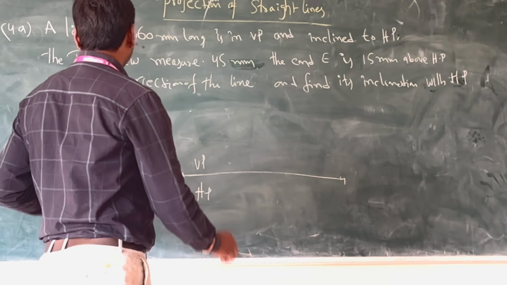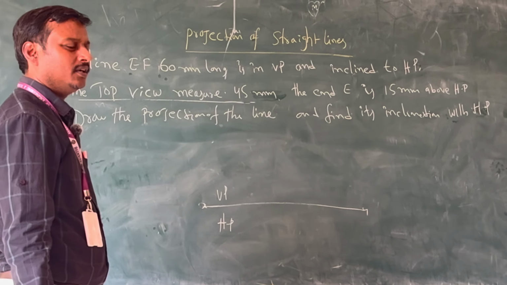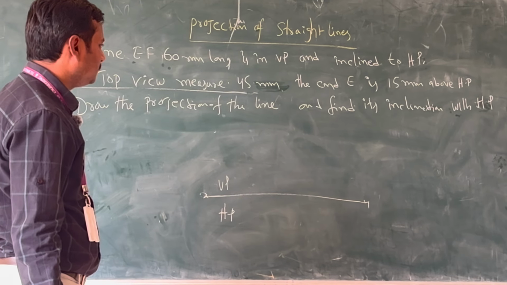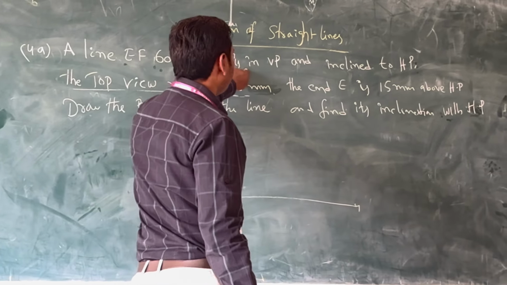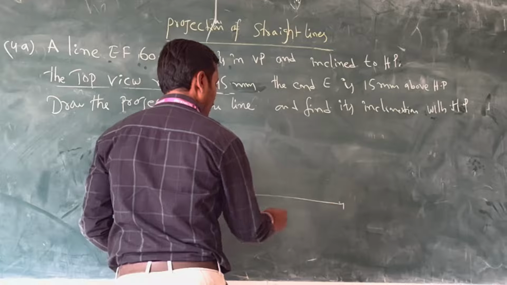Then see here, the top view measures 45 mm. The top view is in VP, which means it is on XY.